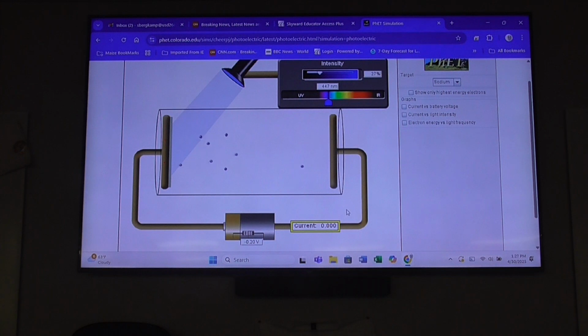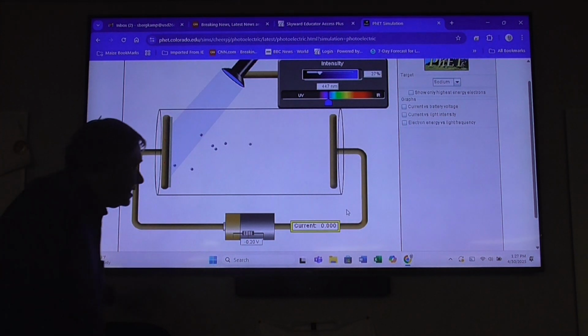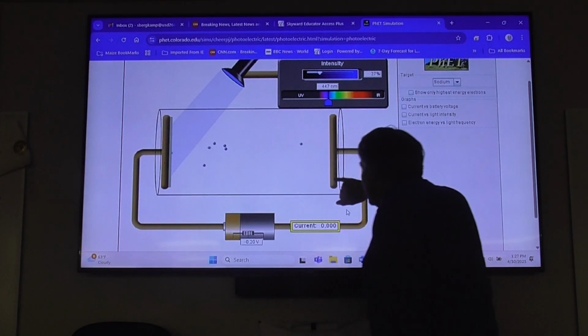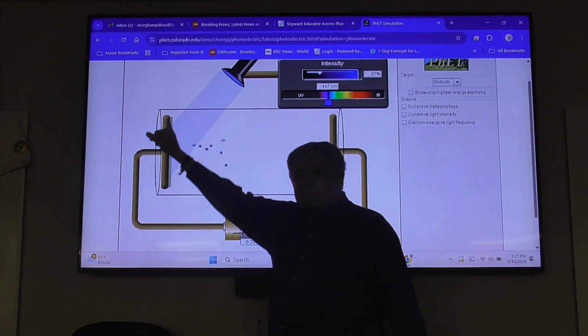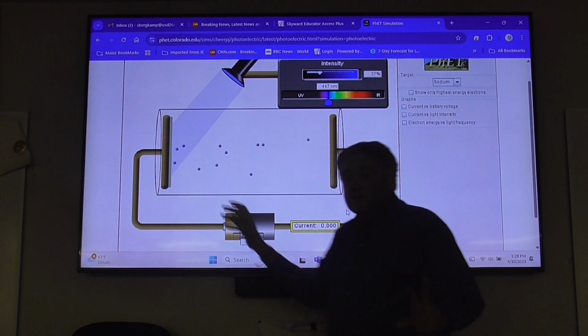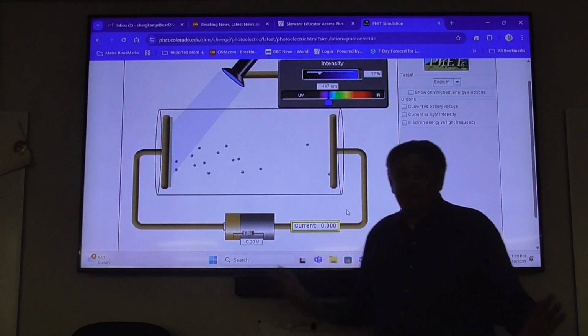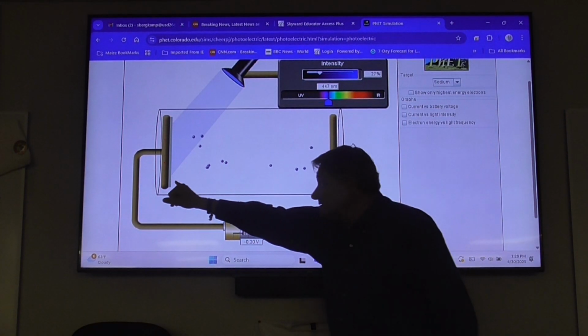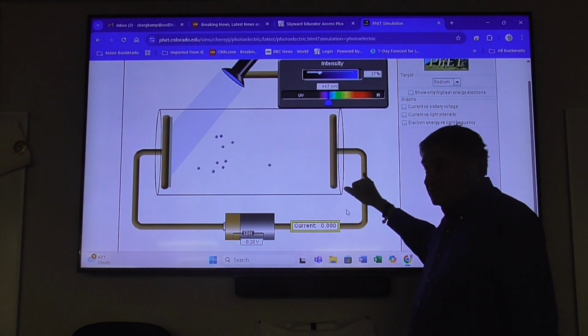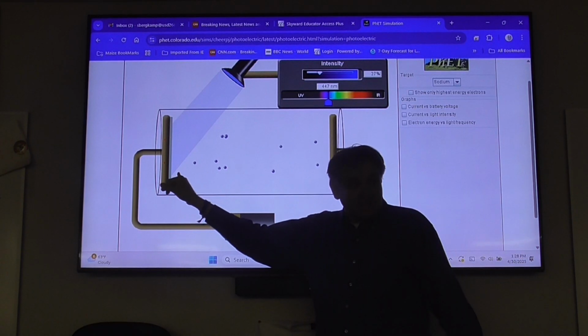Now, interesting thing happened. With this, it's tough to see back there, but notice that this is now negatively charged, and this has now become positively charged. So now, what's the direction of the electric field? To the right. To the right, because a positive charge would be drawn in this direction. These are electrons.